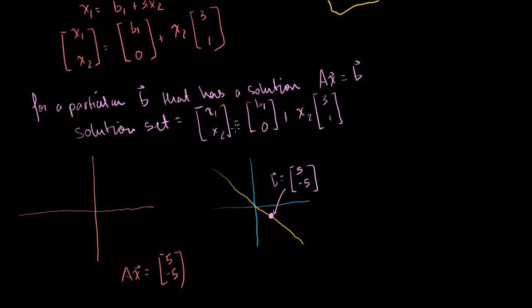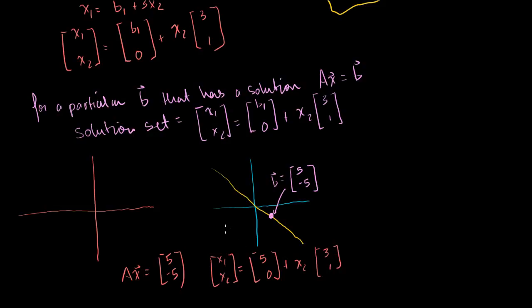And what this is telling us is the solution set is going to be x1, x2 is equal to 5, 0, plus any scalar multiple of the vector 3, 1.